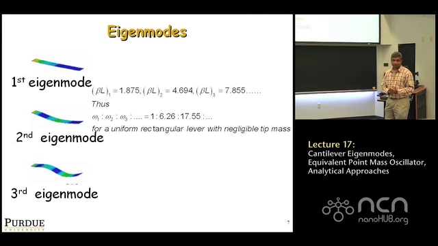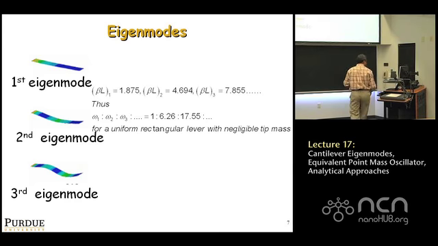So this is important. The key thing is that the frequencies of the second mode to the first don't scale by a factor of 2 or 3. They scale more like some funny numbers. Frequency of second mode to the first is somewhere between 6 and 7. Frequency of third mode to the first is somewhere between 17 and 18, and so on. Okay? All right. So these are different eigenmodes, and we now know how to calculate the characteristic shapes corresponding to the eigenmodes and so on.